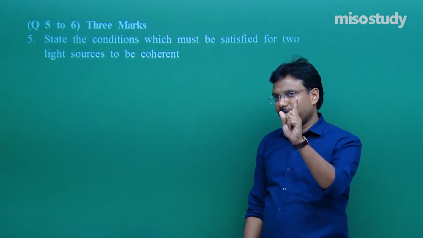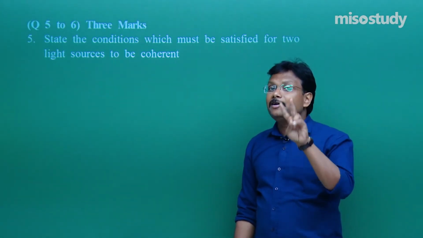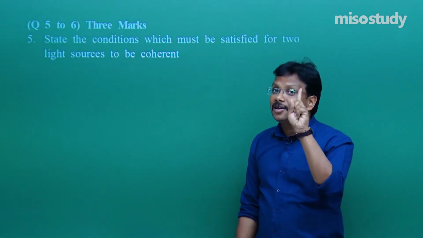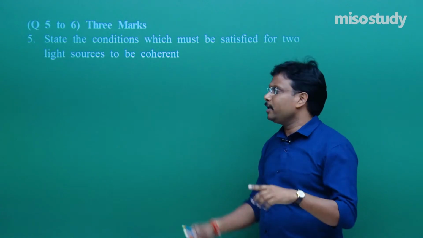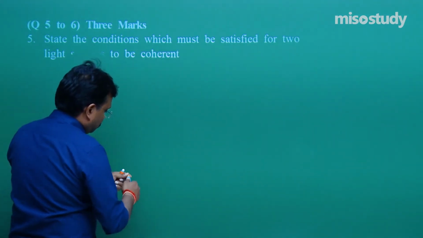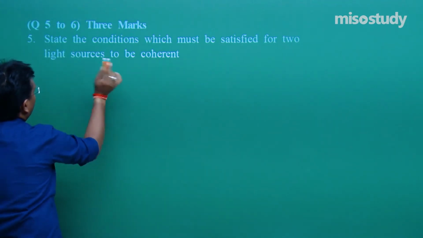So, the very first thing is two light sources must be derived from one single light source. This is the first point I should write down. That is number 1.